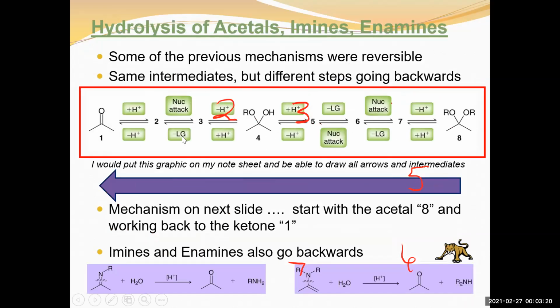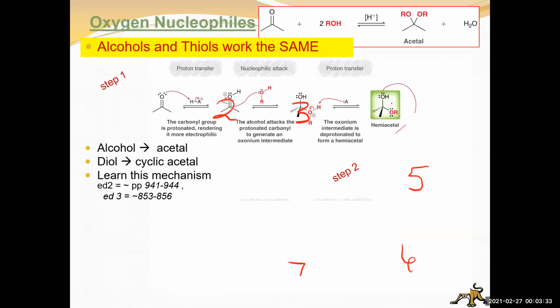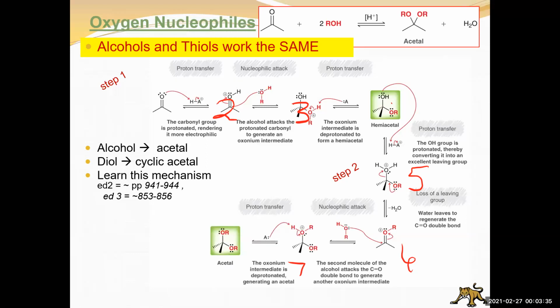And then, how do you go backwards? Well, now you know that to go from 8 to 7, you need to add a proton. 7 to 6, loss of a leaving group. So, in other words, to go from here to here, like see the backward arrow, we have to add a proton.